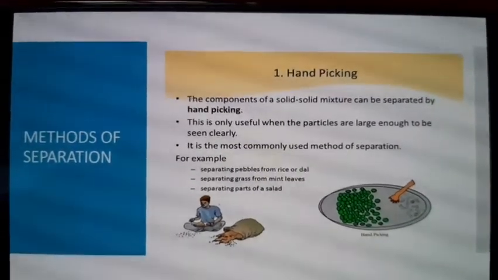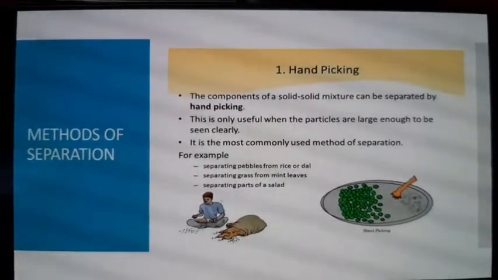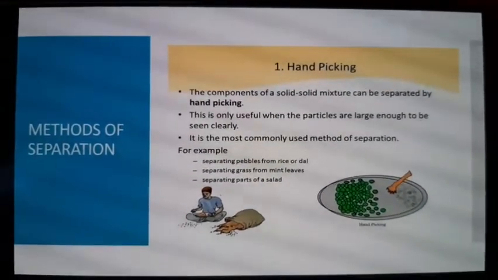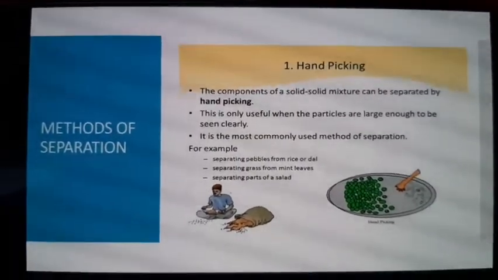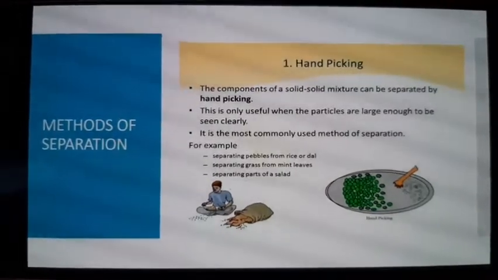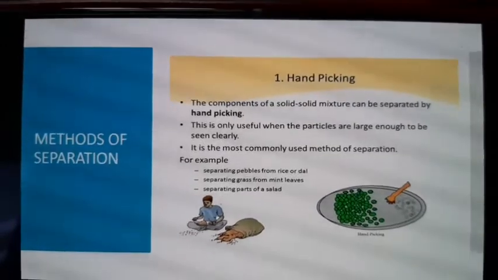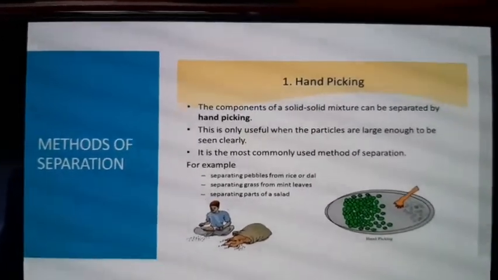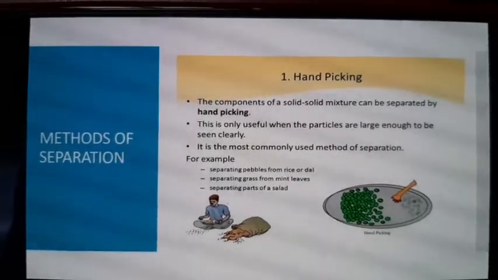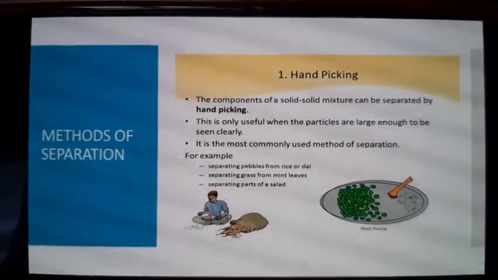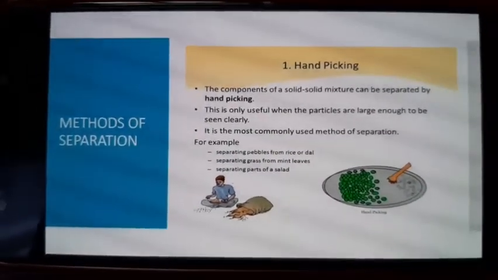First is hand picking. Before explaining what hand picking is, I would like to tell you when the hand picking method is used. Handpicking method is used when the components are solid and of moderate size, and second, the quantity of undesirable components, that is impurities, is very less as compared to the desirable components.